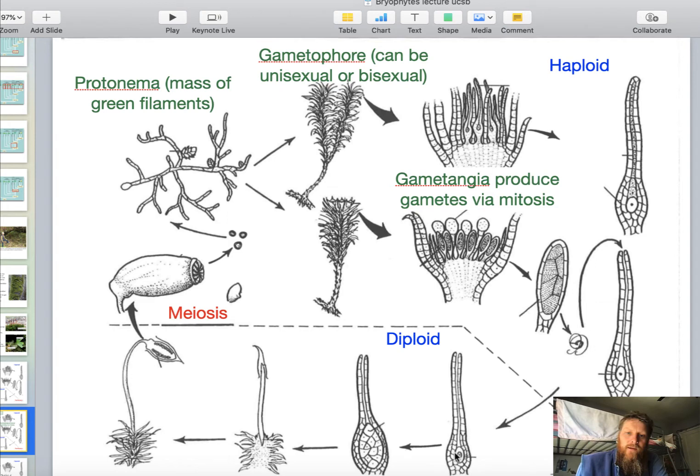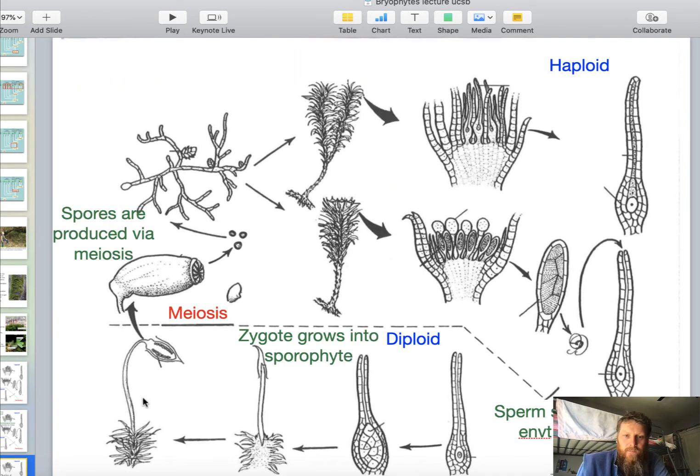And then once that zygote starts undergoing cellular division, it's an embryo, a developing diploid structure. So again, the mother is haploid and the offspring is diploid. And that will grow up into a stalk in the case of a moss, and become the sporophyte.